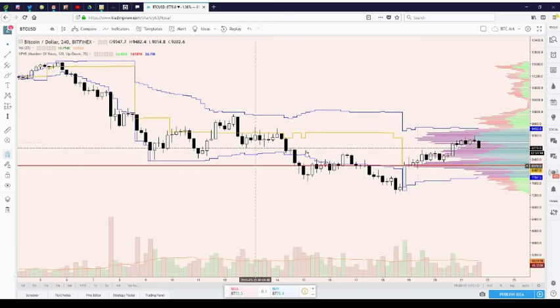So when we're trending sideways, price will actually just move from a high volume node, and it'll try to fill the gap in a low volume node. And then it'll find resistance at a high volume node, and then it'll kick back and try to make its way back to the POC.